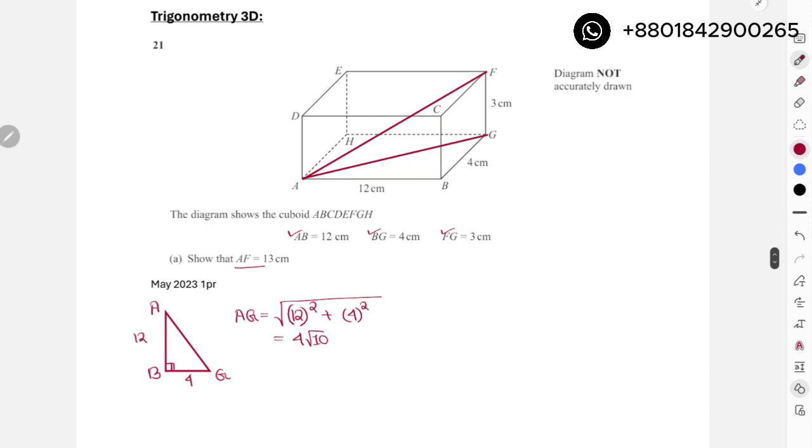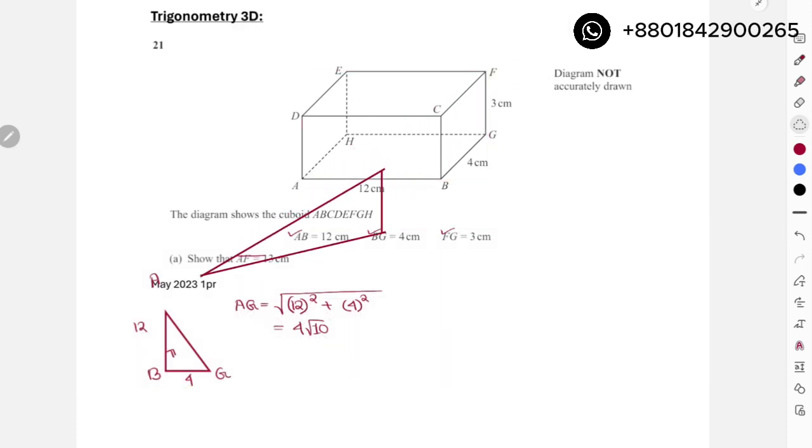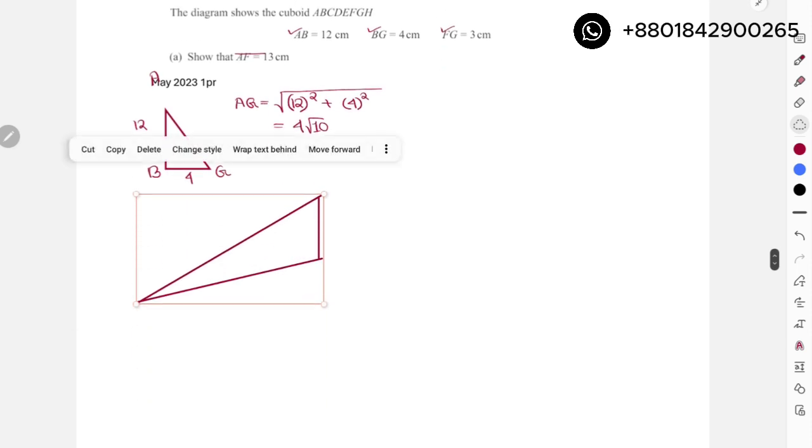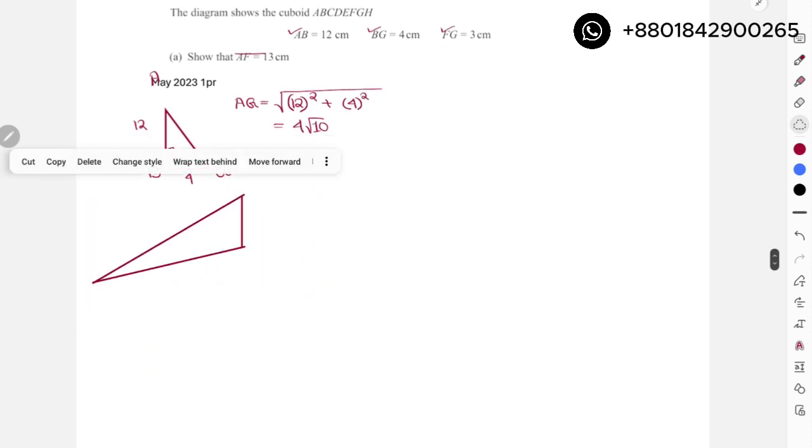After this, if I plot this FG, I can understand that FG was vertical and AG was horizontal. So I can now use this diagram to find out the value for your AF, right? Easy. So this is F, this is G, and this is A. AG is 4 root 10. This is horizontal and vertical, so obviously they will create a right angle triangle, right angle at G, and FG was 3.